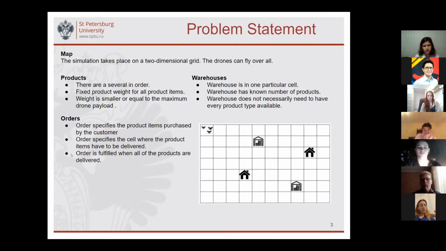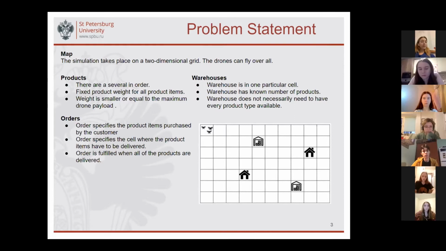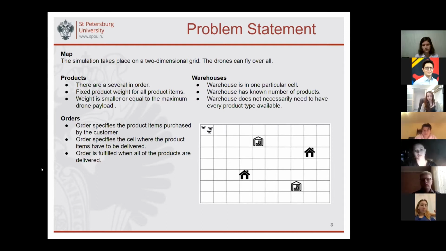Orders, like warehouses, are located in particular cells. An order is considered fulfilled when all of the products are delivered to the customer.